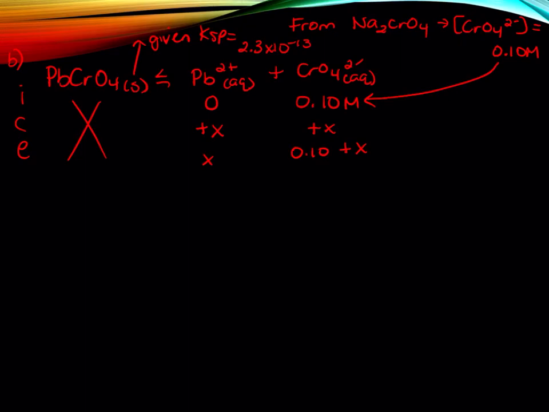And our KSP value is tiny, 2.3 times 10 to the negative 13. So when we try to do the quadratic formula with that, your calculator might actually not even do it. It might make negatives under the root sign and all kinds of crazy things. So what we're going to do is we're going to use something called the 100 rule.